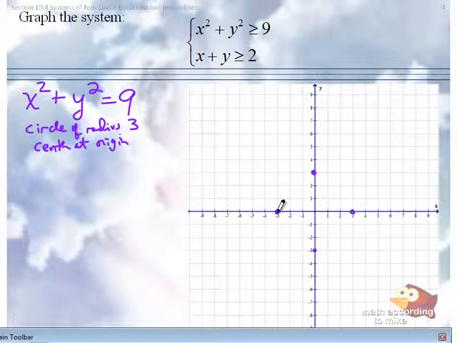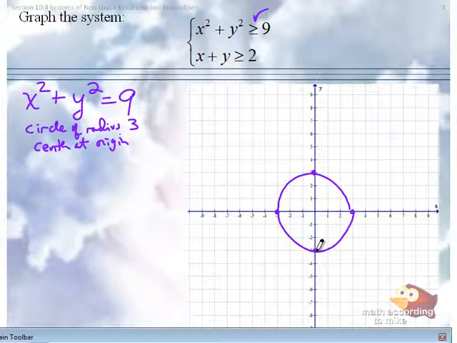Now, as far as connecting these dots, since we have a non-strict inequality, am I going to use a solid line or a dotted line? So if you want steps, the first step would be to draw the associated line, or curve in this case.